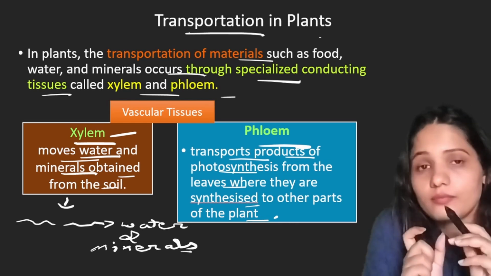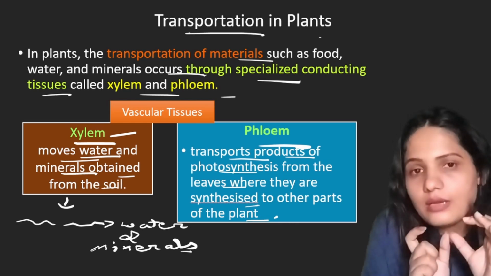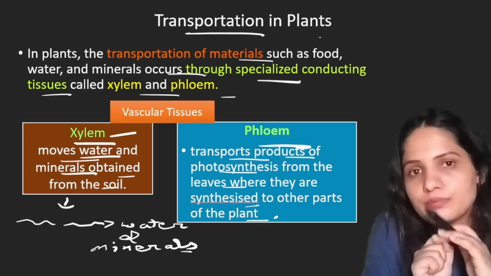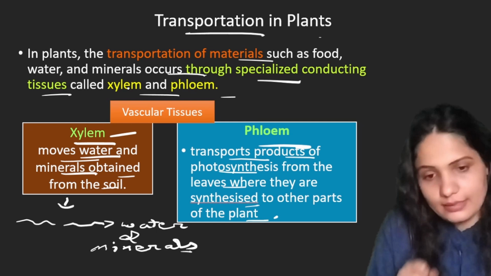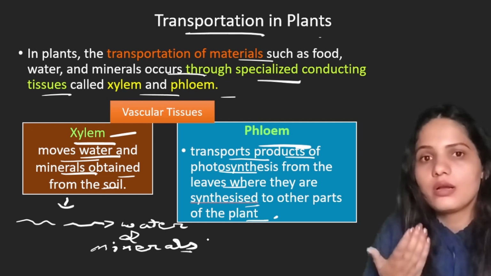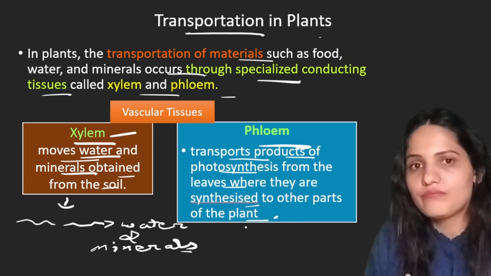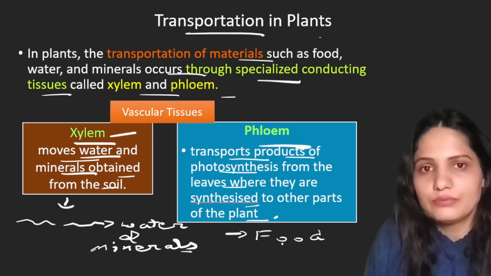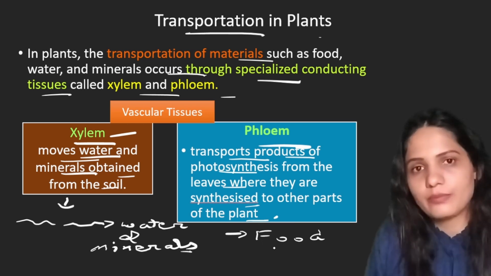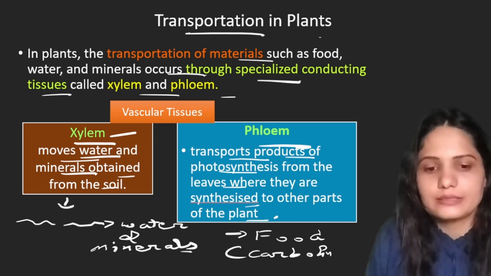Then, as per the requirement of the plant, these carbohydrates are transported to other parts. This transportation of carbohydrate from leaves to other parts of the plant occurs with the help of phloem. So phloem transports food. For a plant, carbohydrate is the food.